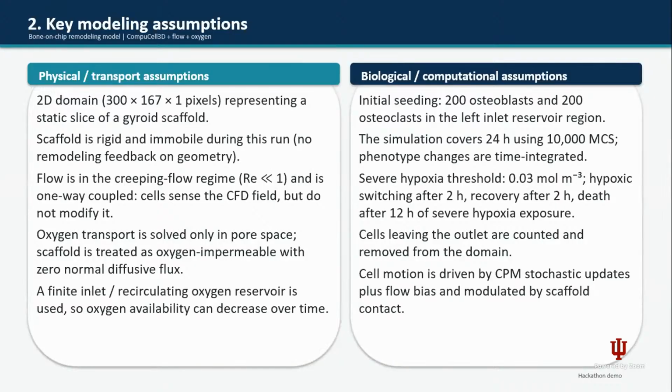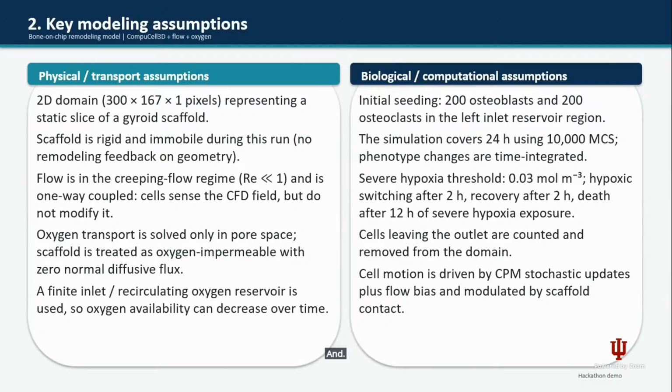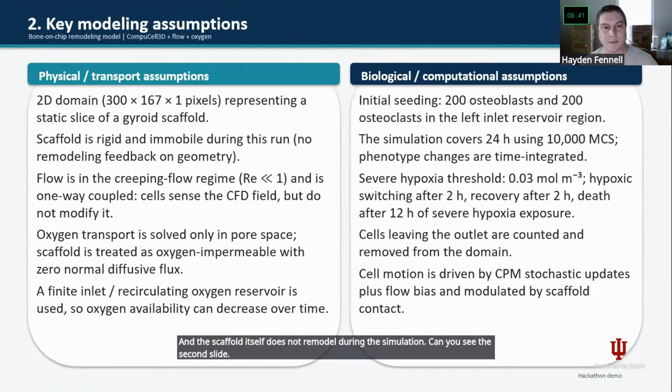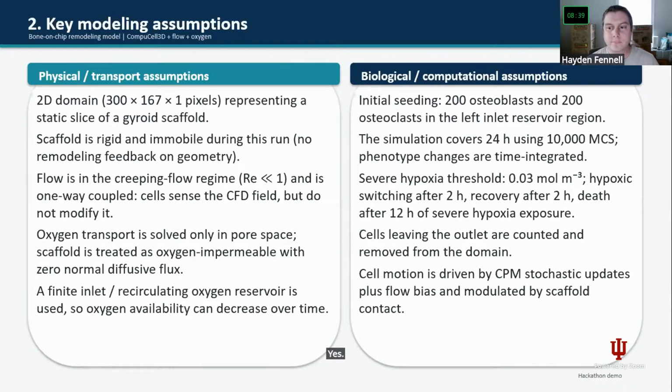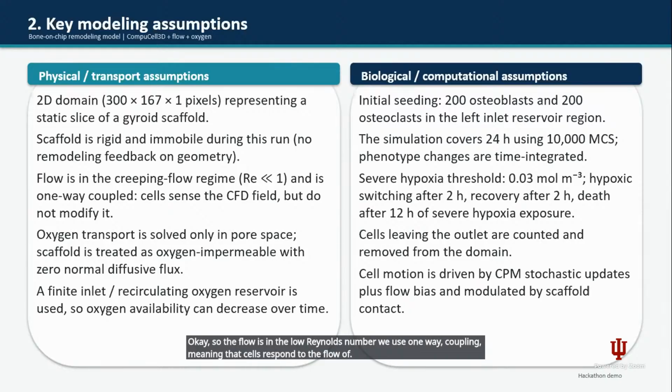For this first prototype, the scaffold is represented as a two-dimensional static gyroid-like section, and the scaffold itself does not remodel during the simulation. Can you see the second slide? Yes. Okay. So the flow is in the low Reynolds number regime. We use one-way coupling, meaning that cells respond to the flow field, but they don't modify the fluid dynamics.